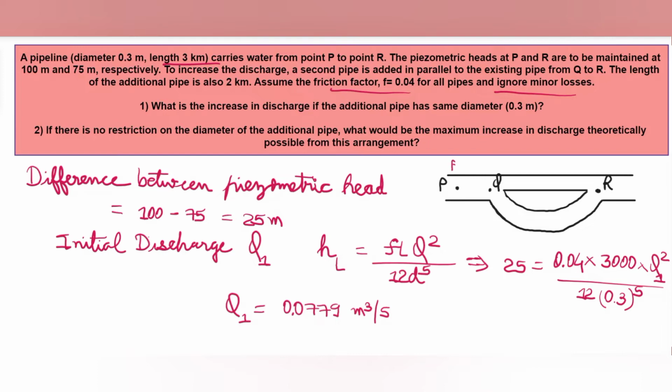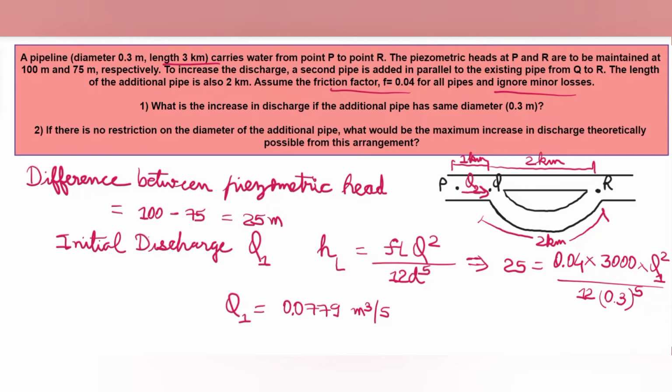Now we have added a pipe in parallel in order to increase the discharge, and for that again we'll find the discharge. Here the lengths are given to us as 1 kilometer and 2 kilometer, in the question itself. We'll be using this, and from this we'll find our Q2.